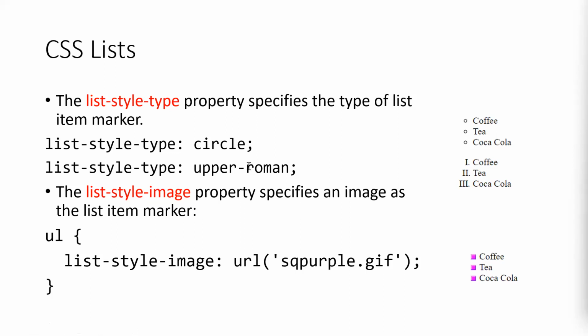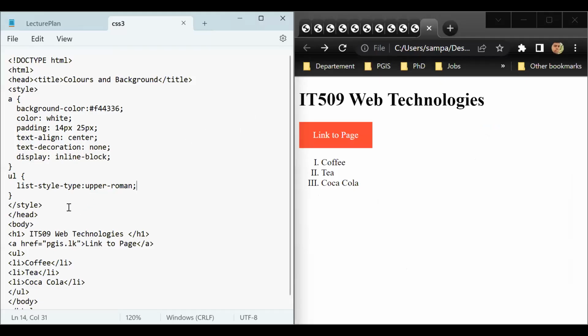Using that, I will put the change. So right now, instead of this one, let me use list-style-image: url, let's say images/star.png.